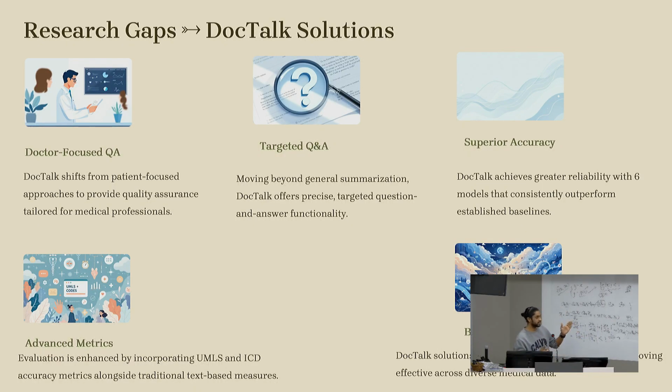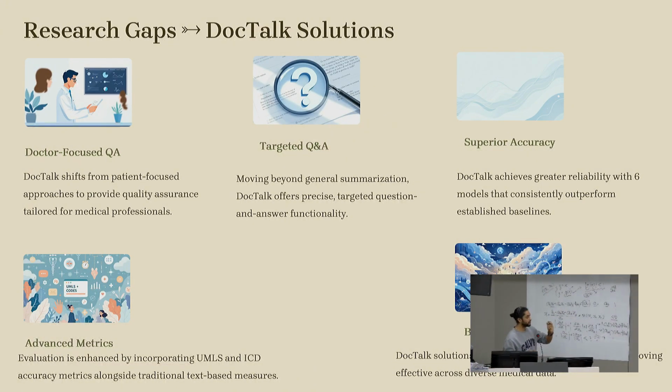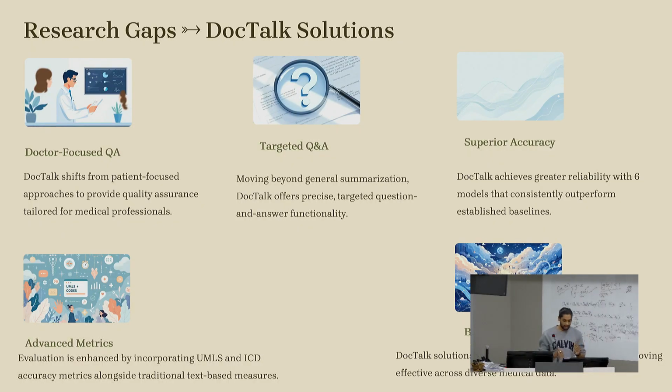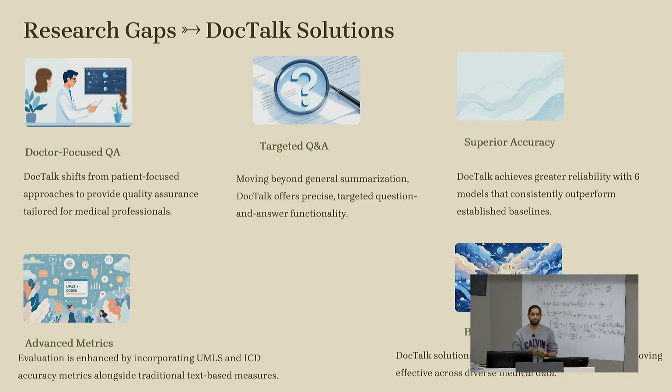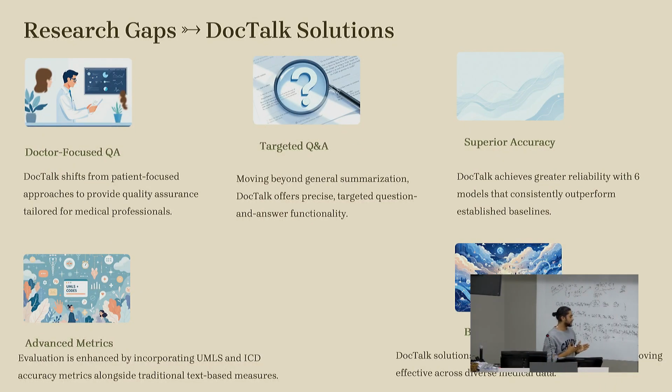In my case, I just focus on the precise answer, maybe one line or two lines. The third is superior accuracy. I got, I think, very good accuracy, better than any paper. And then the advanced metrics: I also use UMLS and CDI codes for better accuracy and medical awareness.